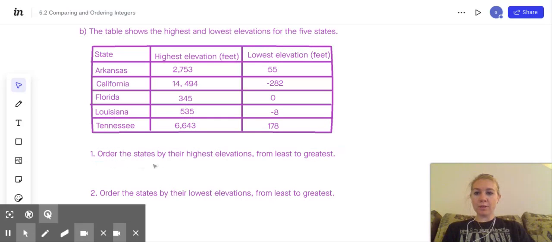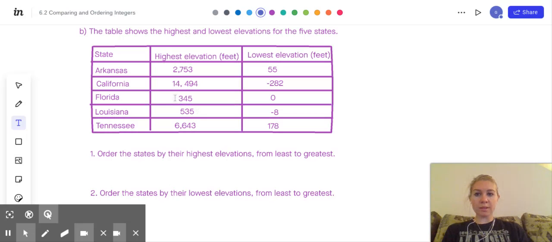Problem 1 says, order the states by their highest elevations. So we're going to look at the middle column, highest elevations, from least to greatest. Earlier in the examples, we graphed them, but these are some really big numbers. So we're just going to look and order them from the smallest to biggest. I see 3 of these numbers are in the thousands, so those won't be the smallest. We have 2 numbers in the hundreds.